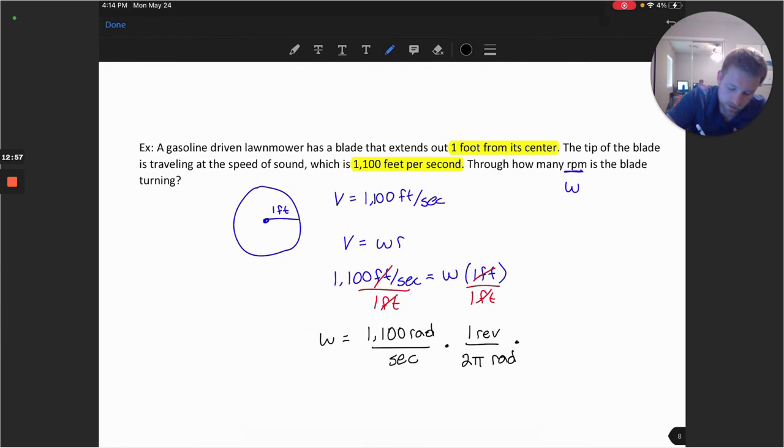One other thing we want is revolutions per minute, notice the M there, so we'll want to convert this to a time measurement of minutes as well. So that's 60 seconds in 1 minute. This will end up giving us the units that we desire. The radians cancel, and our seconds will cancel. We'll be left with revolutions per minute, which is exactly what we need.